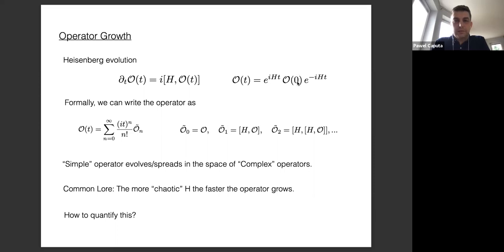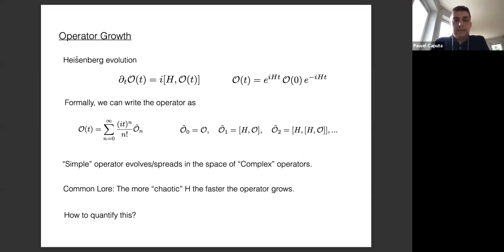I will drop this time from the operators for convenience, and then other operators in this power series will be nested commutators with the Hamiltonian. So for example, the first one will be the commutator of H with O, the second one the commutator of H with the commutator of H with O, and so on.